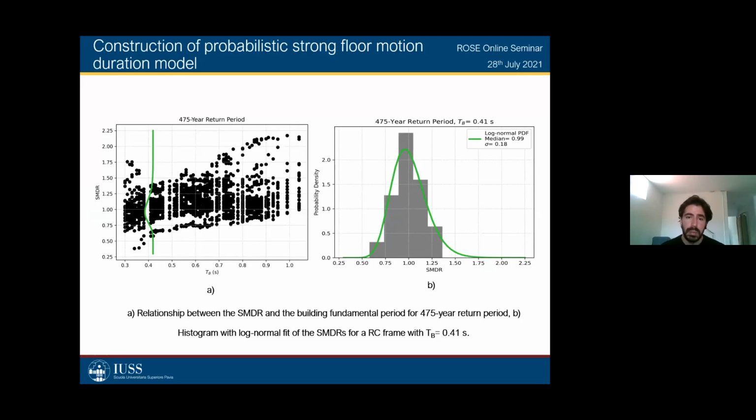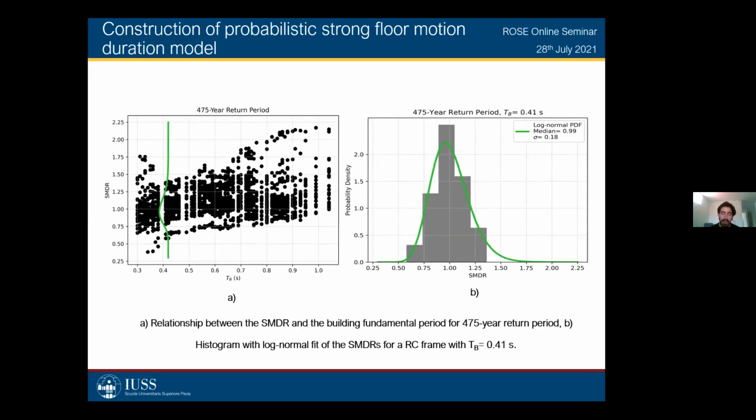What you're seeing here is an explanation of how the model is built. In the left side plot of the graph, we have more or less a slice of one of the surfaces that I showed you before. We have the fundamental period of the structure on the horizontal axis, and on the vertical axis we have, not the strong fluid motion duration, but the strong motion duration ratio, so the ratio between the strong fluid motion duration and the strong ground motion duration.